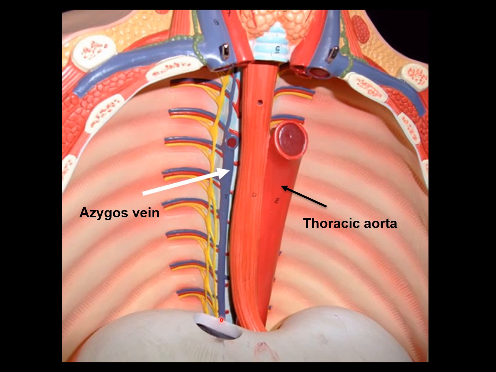And then here's our azygos vein. Again, we're throwing off these other branches out here. These are the intercostal vessels, so they're going to run in between those ribs. So we've got an intercostal artery and vein there, and the azygos is draining all those intercostal veins, coming back to the heart.